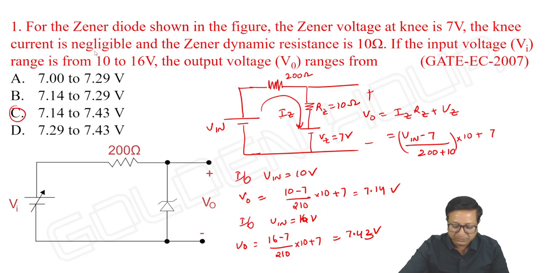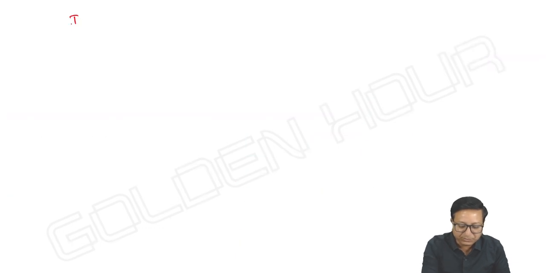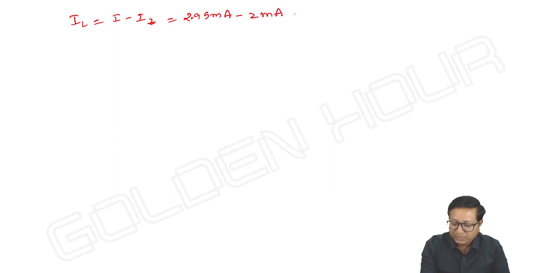Once you get I, then we can find what is IL. IL is equal to I minus IZ. It is 2.95 milliampere minus 2 milliampere, it is 0.95 milliampere. So from this, R1 is equal to, instead of VZ by IL, we should write V output by IL.